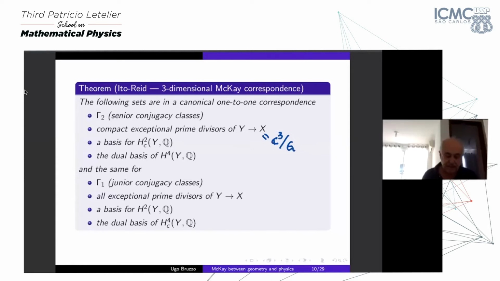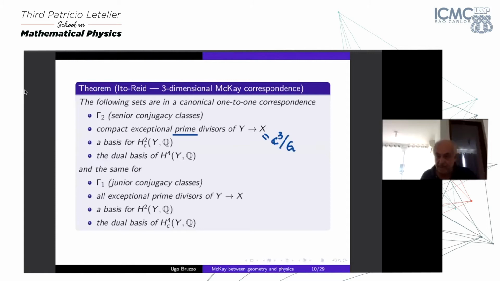Here also the notation is slightly different. The terminology is taken from algebraic geometry. I talk about compact exceptional prime divisors. Prime means that I'm considering the irreducible components. So we are saying that each senior class corresponds to a compact irreducible component of the exceptional locus.